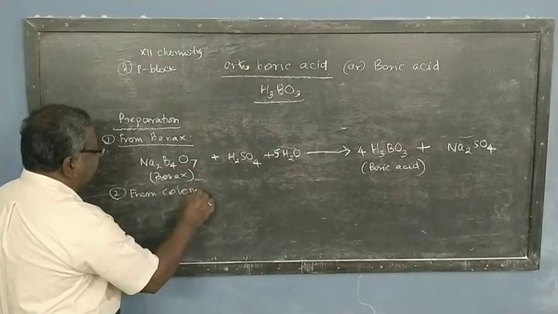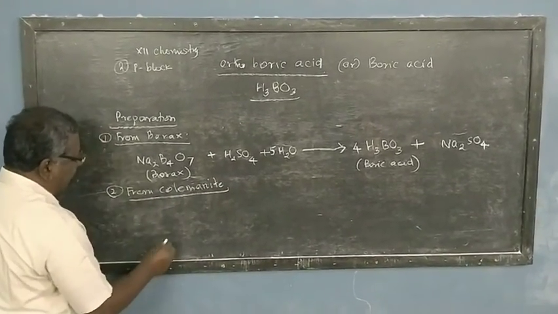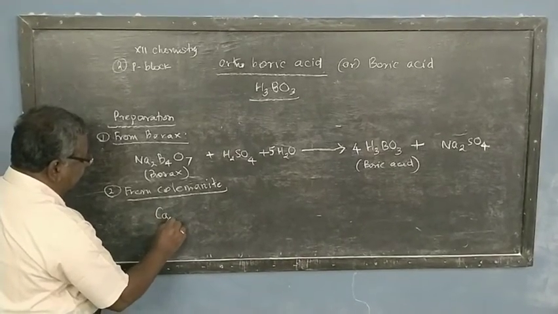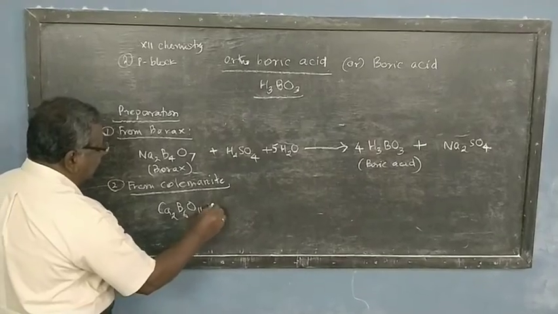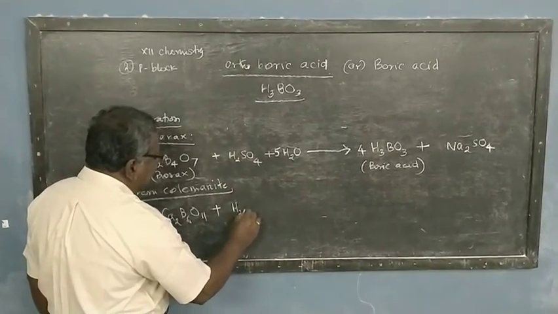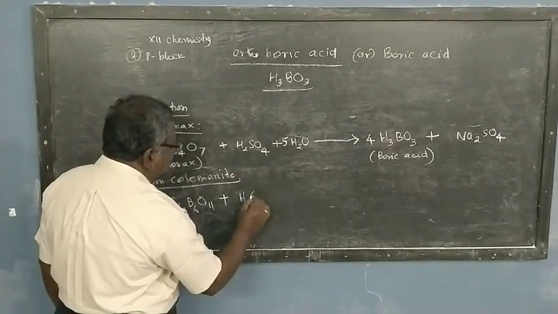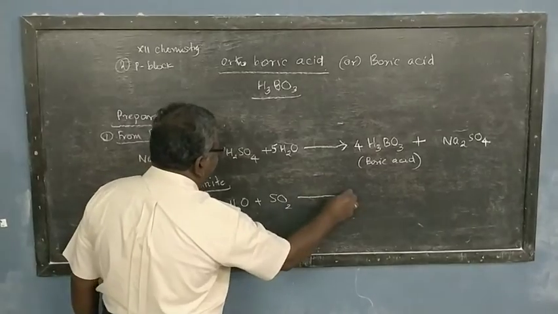So colemanite is the other ore of boron. That is a calcium salt. It is Ca2B6O11, and it is to be boiled with water in the presence of sulfur dioxide.